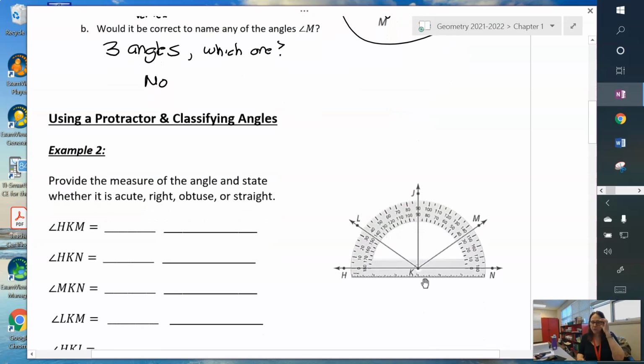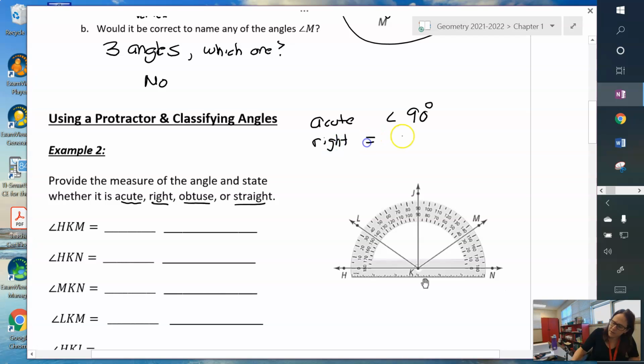All right, next we're going to use a protractor and classify angles. We can classify them as acute, right, obtuse, or straight. Acute means the angle measures less than 90 degrees. Right means it equals 90 degrees.